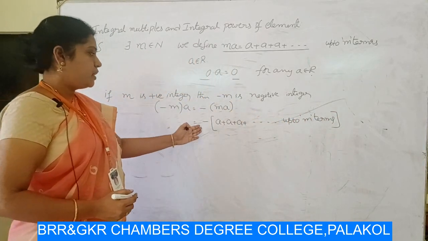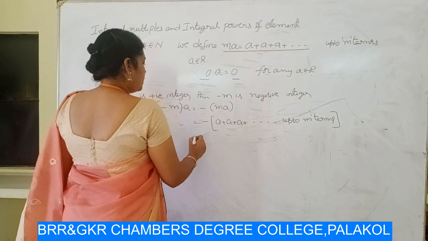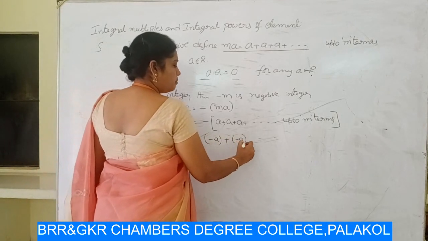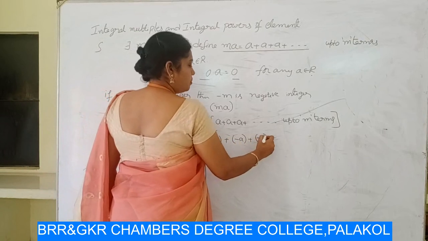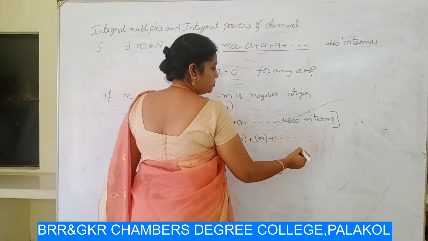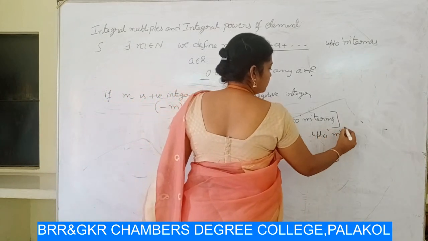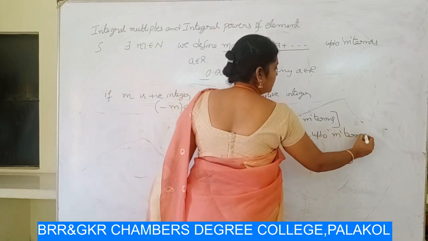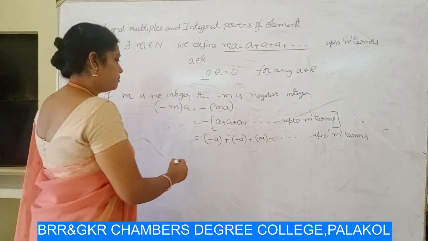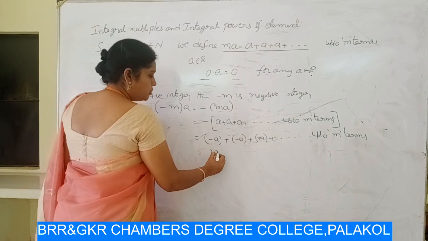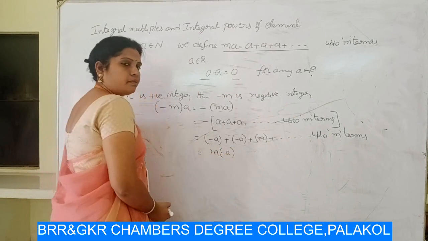Now we multiply minus with this expression, minus of a plus up to m terms, which can be written as m into minus a.